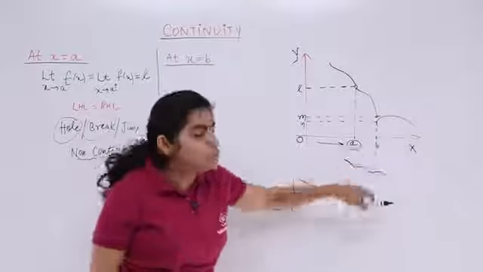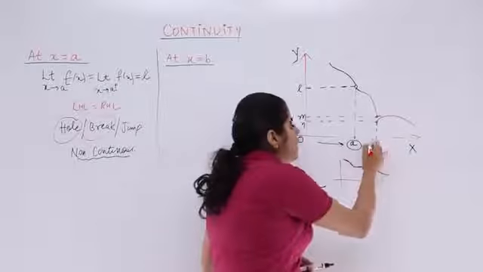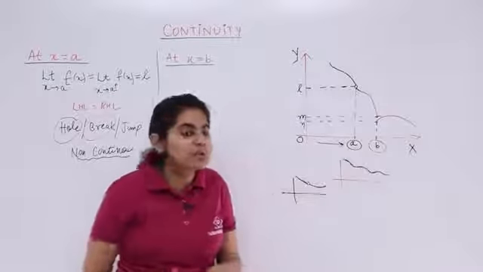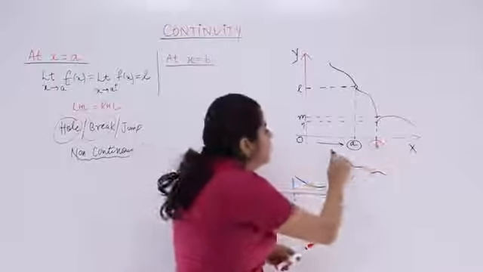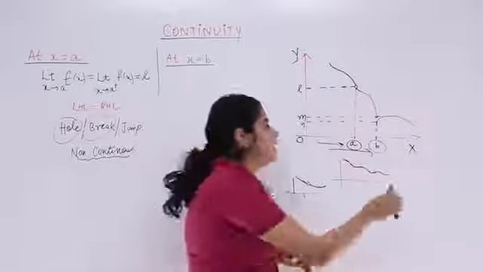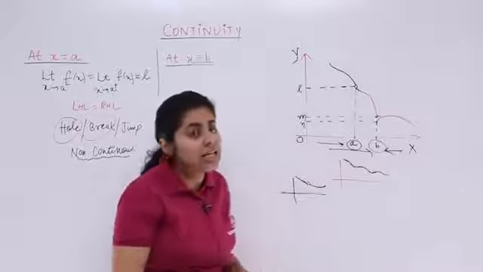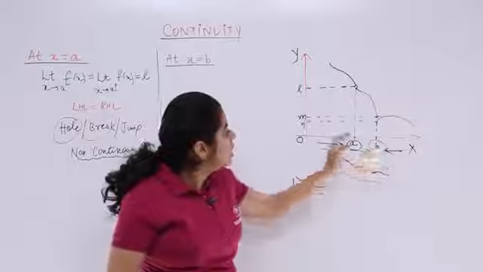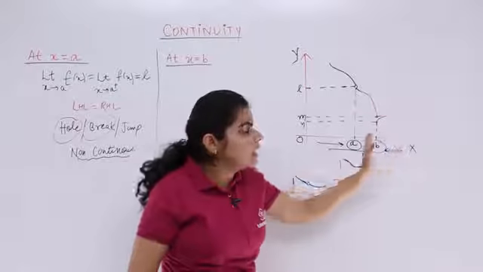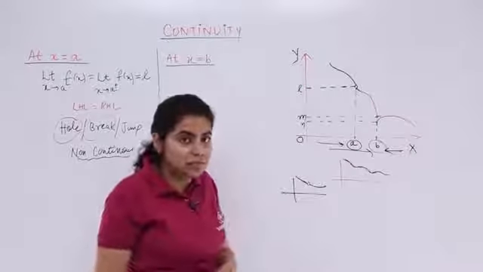Now you move to B. When I have x is equal to B, what happens? I can approach from the left hand side or from the right hand side. Approaching from the left hand side and the right hand side gives something different.